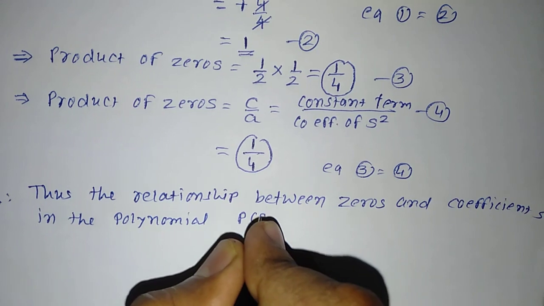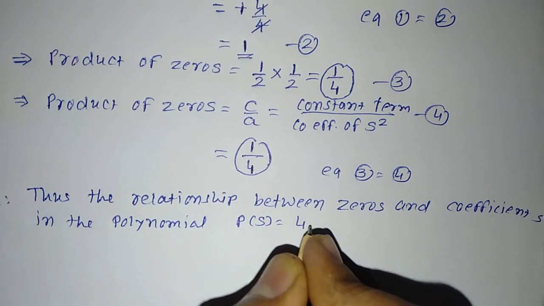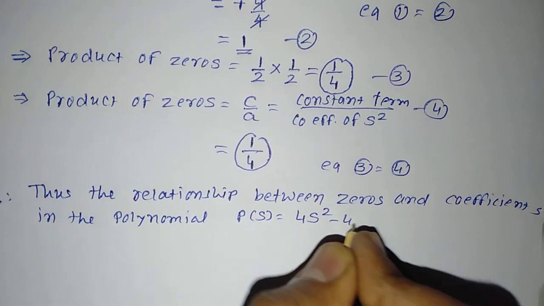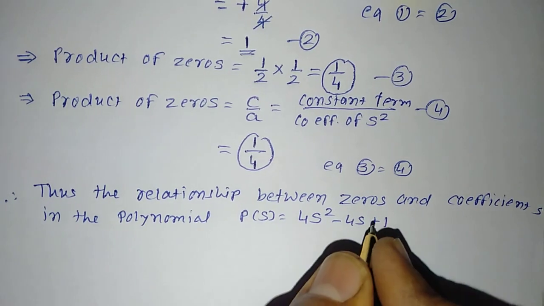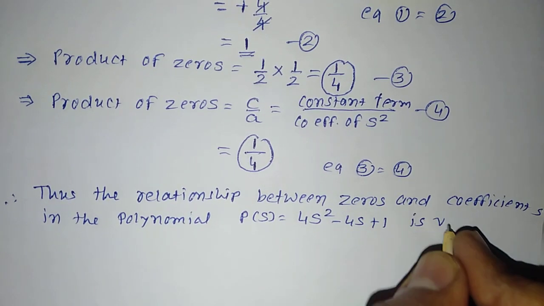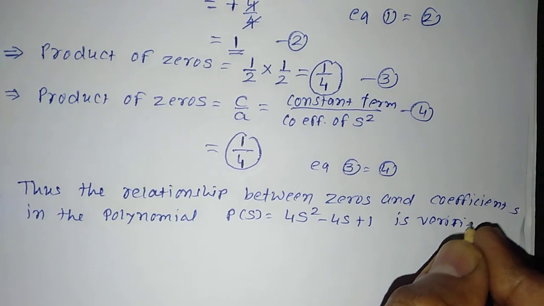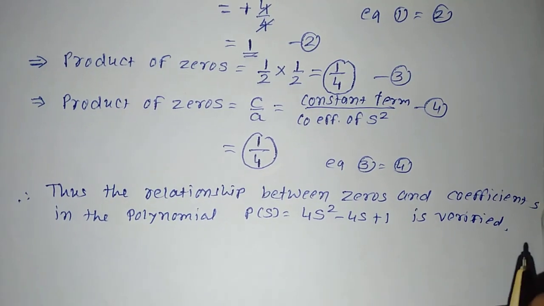That I'll write, p(s) is equal to 4s square minus 4s plus 1, is verified. So we have found out both the parts.